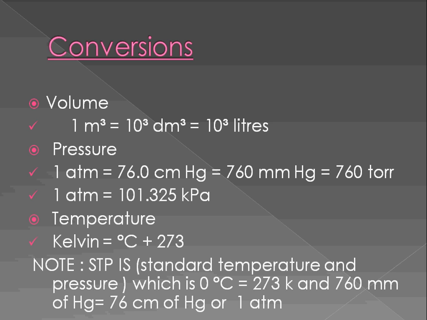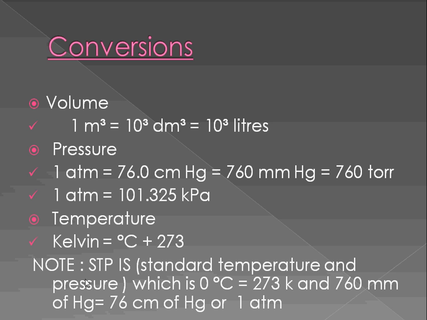Second, 1 atm is equal to 101.325 kilopascal. Right, you have to learn these conversions. Even though values are given in some questions, you still have to understand and learn the conversion part. And if you see the temperature, Kelvin is equal to Celsius plus 273.